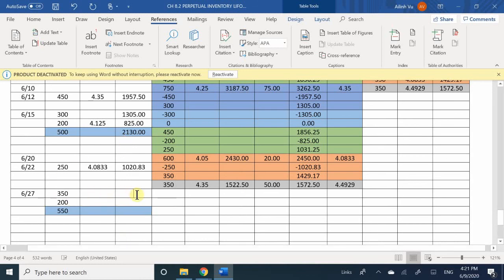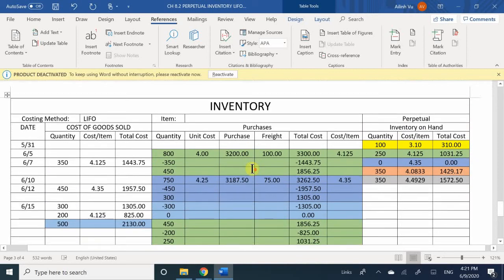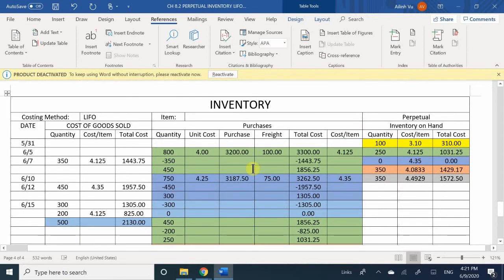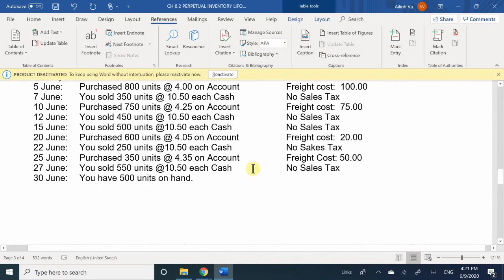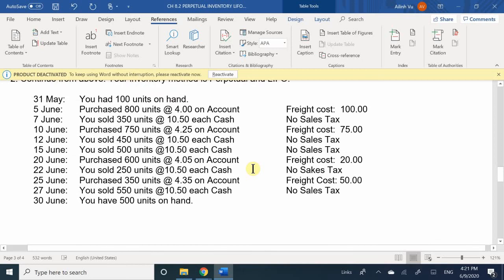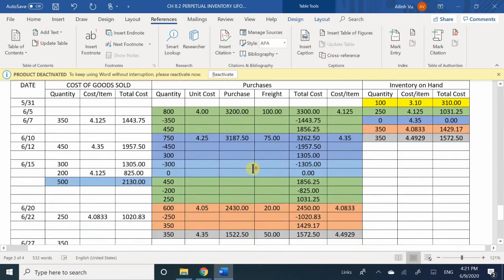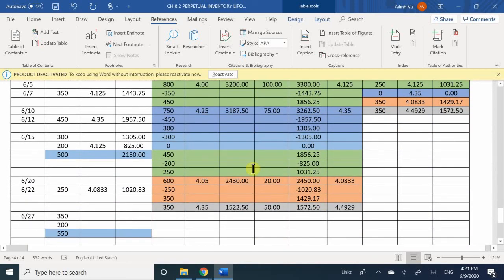Could you go back up so I can see what we left? Scroll up. So we got the 200 with 250.